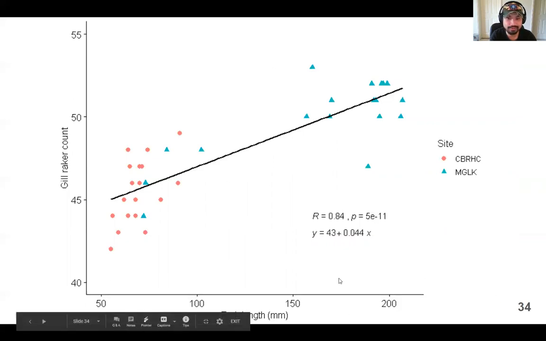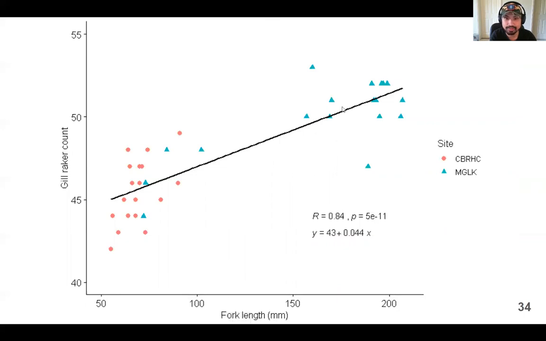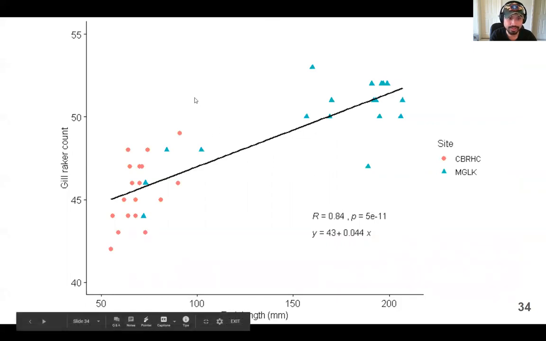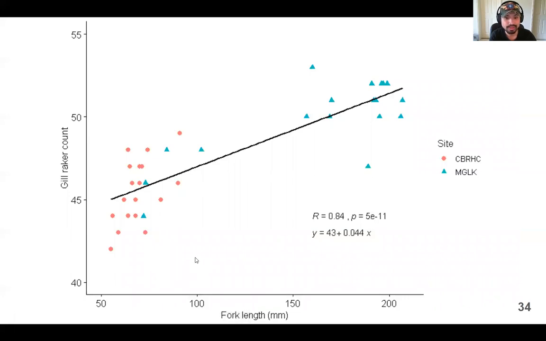However, when looking at this graph, we can see that some of our fish from Mahogany Lake, denoted by the blue triangles, are actually in the size range of those fish from CBRHC, denoted by the red circles. Those fish that were in the same size range also tended to have the same gill raker counts. And here we can see that there's a significant linear increase in gill raker count with fork length.